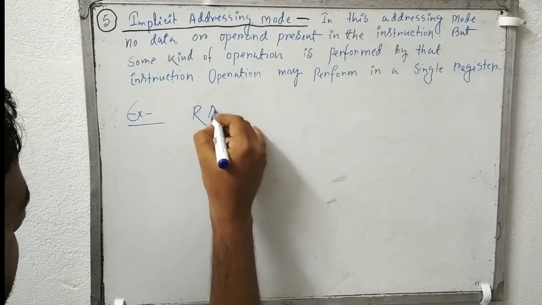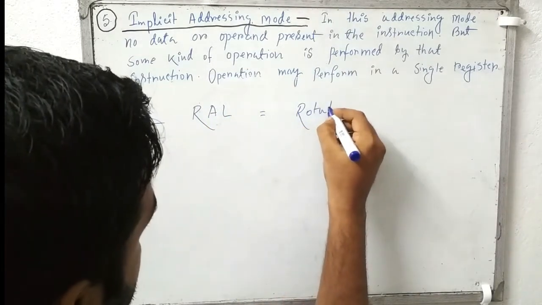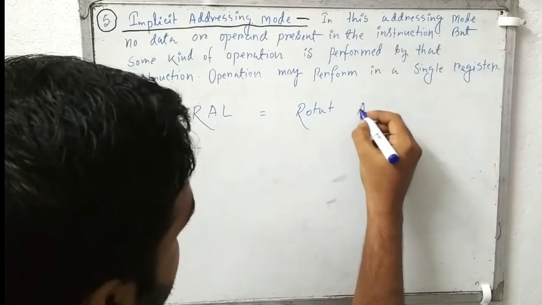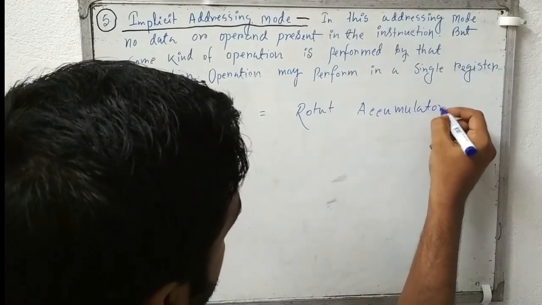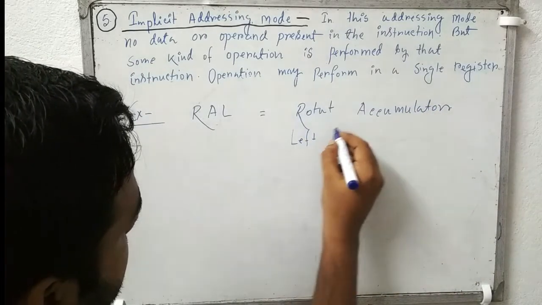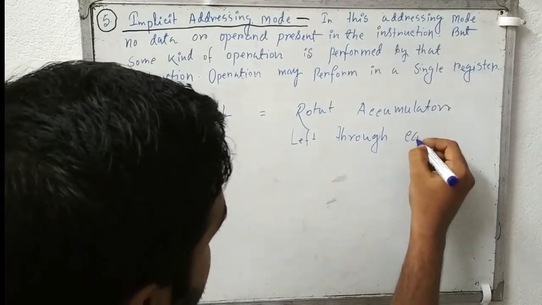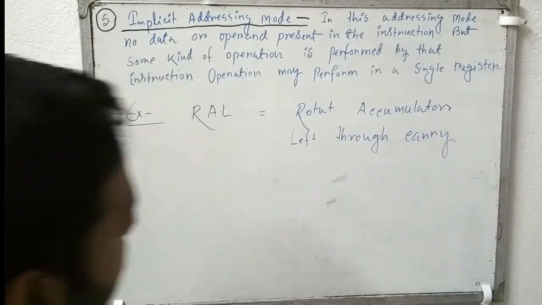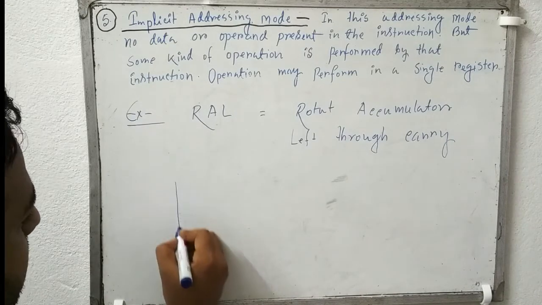Let's take another example, which is RAL. That means rotate accumulator left through carry.